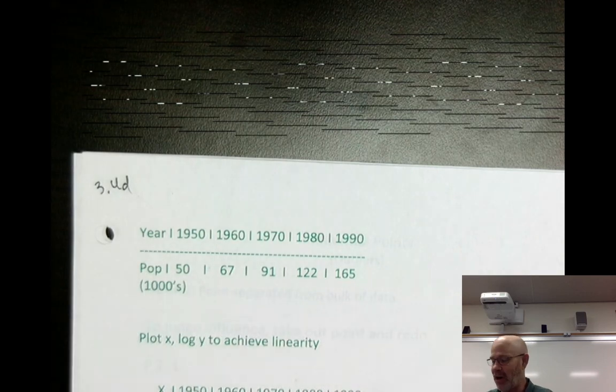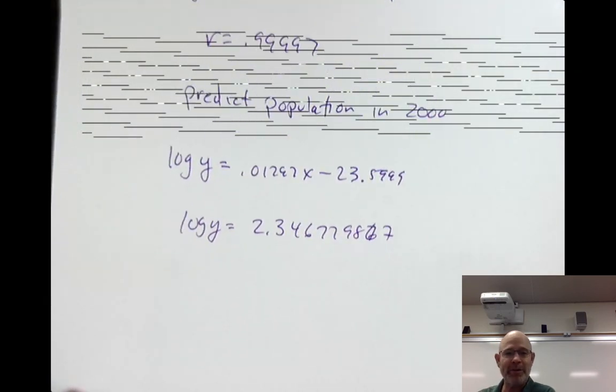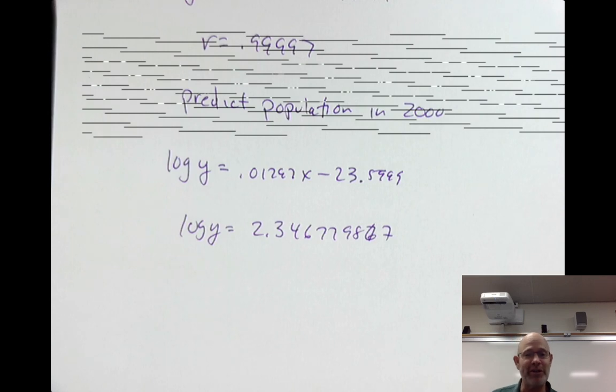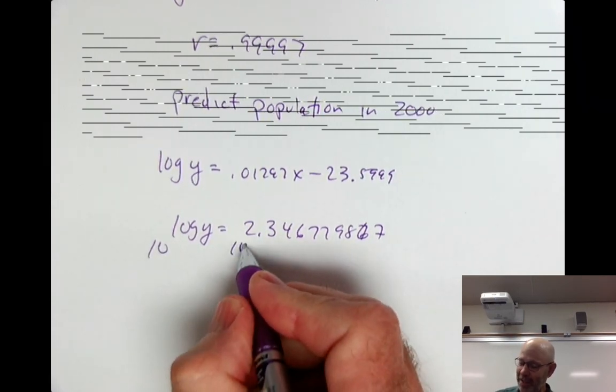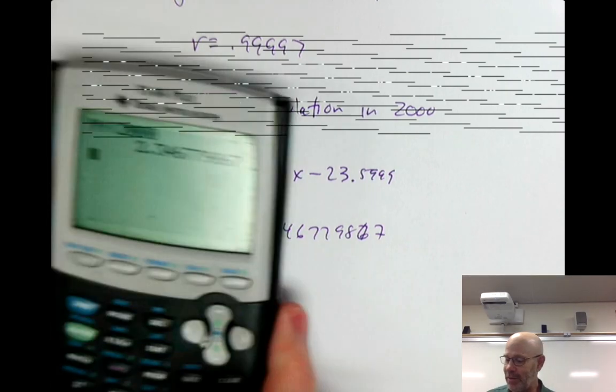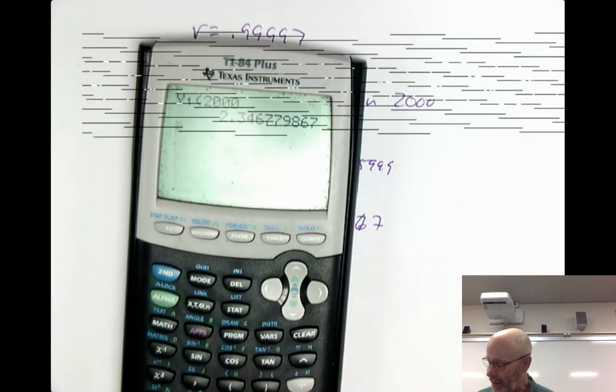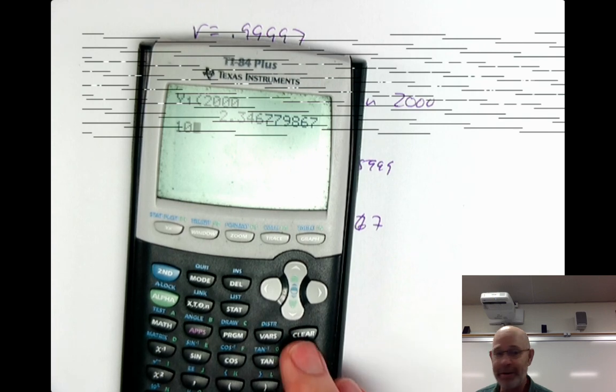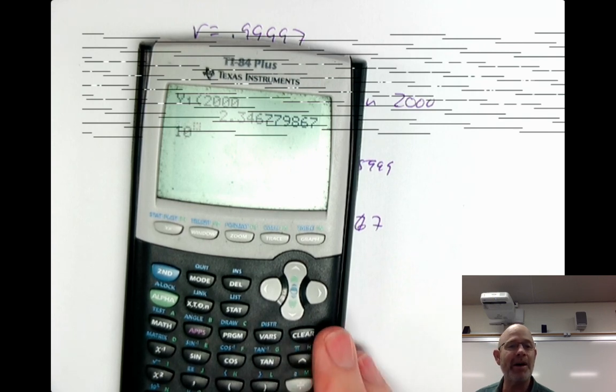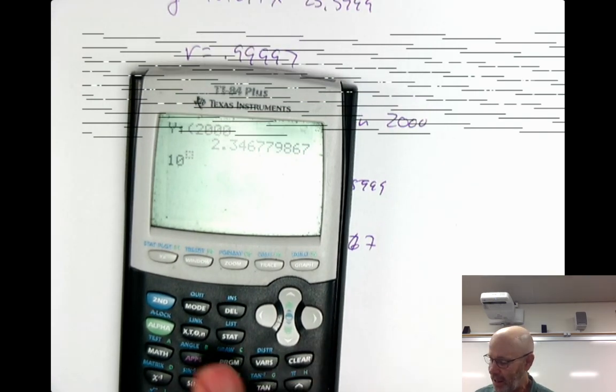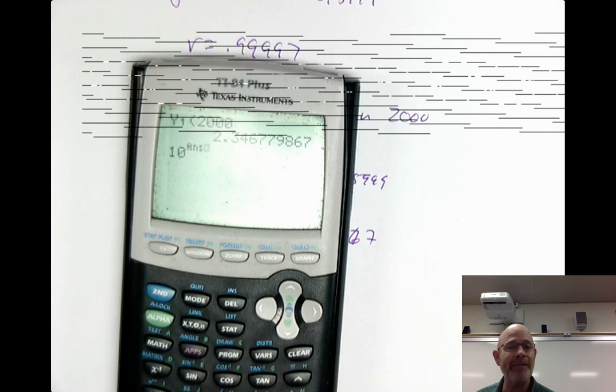It's because we have to undo the transformation I've made. So this is the hardest algebra you do in this class. We have to solve this equation for y. Hopefully you remember, you're going to do that by going 10 to that power. I'm going to go right back to my calculator, and I'm going to go 10 to the power of, sorry about my screen, answer, because that was sitting in there.